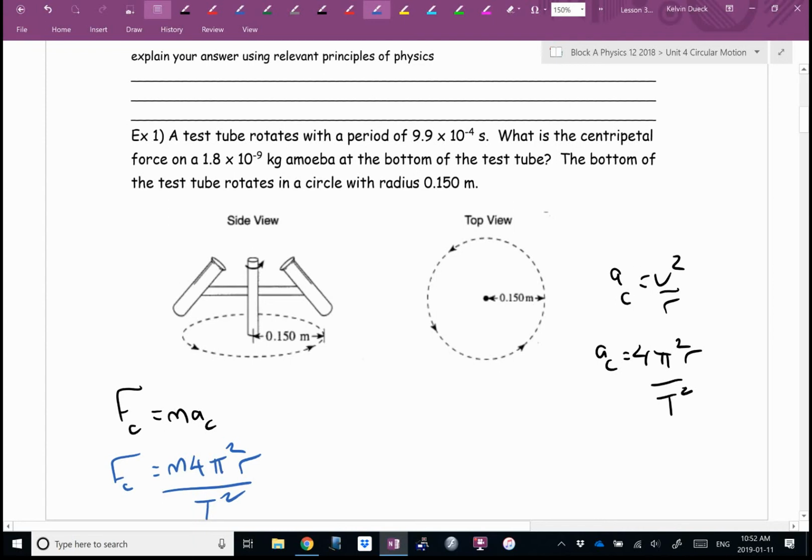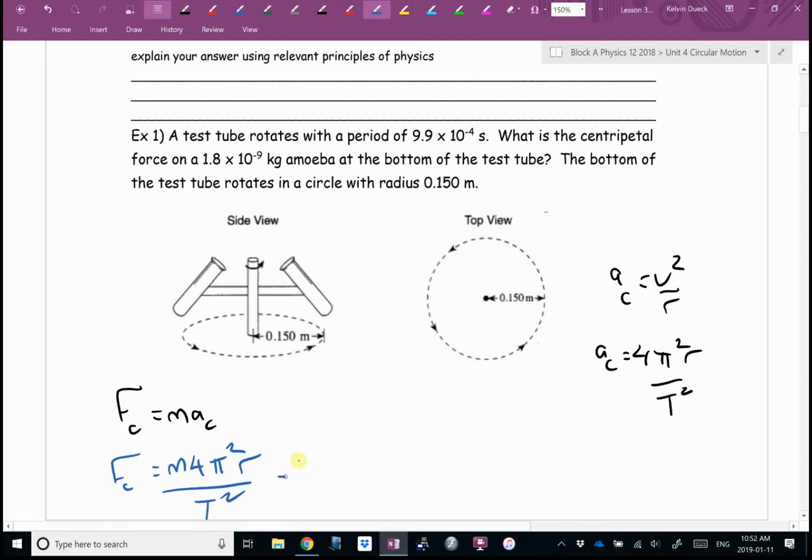The biggest mistake kids make with this equation, Maddie, is they write FC equals 4 pi squared R over T squared. Because it's such a complicated expression, they forget you've just said force is acceleration. That's not true. F equals what? MA.